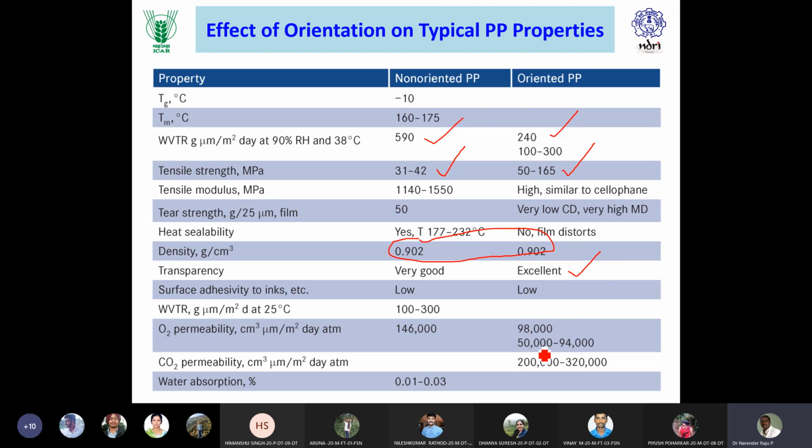The oxygen permeability, look at the figure. Earlier it was 1.5 lakh cubic centimeter micron per square meter per day at atmospheric pressure. Now it is only nearly 1 lakh. So nearly one-third of the oxygen permeability has been reduced. So there are many benefits of orientation.